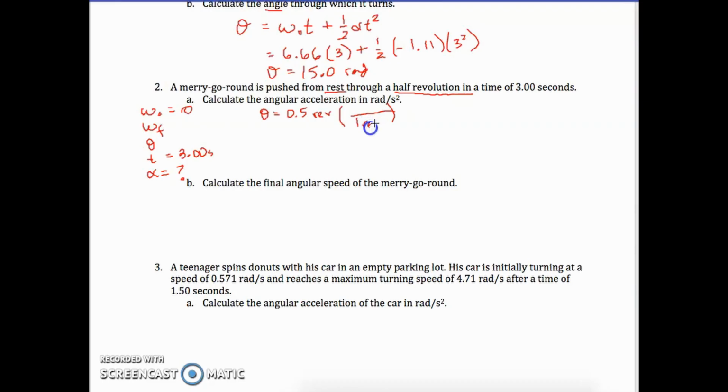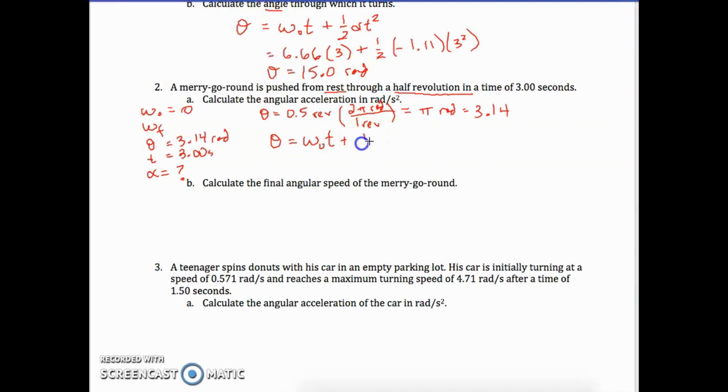So 1 full revolution is 2 pi radians. So a half a revolution is pi radians. That would be acceptable in math class, but in physics you need to have 3 significant figures. So that will be 3.14 radians. Now we can use any equation that doesn't have an omega f in it to solve for the angular acceleration.